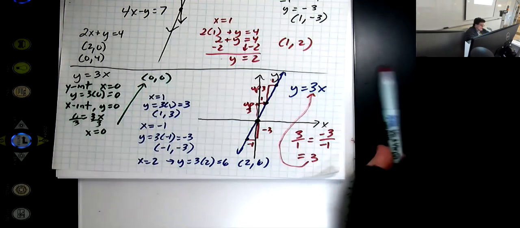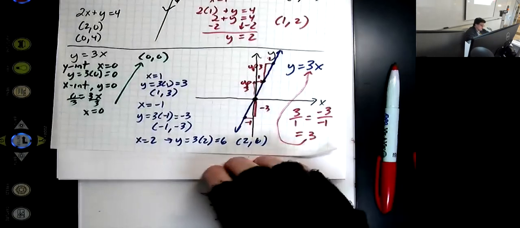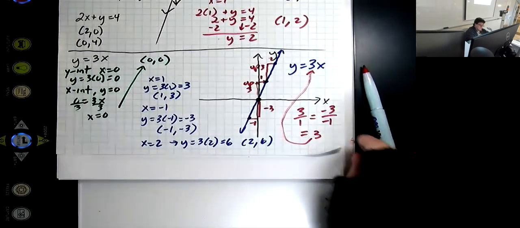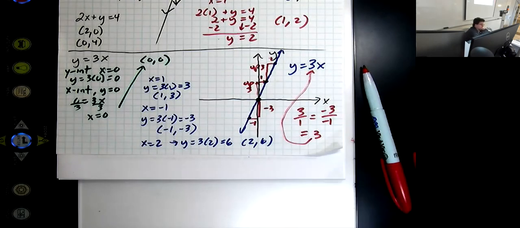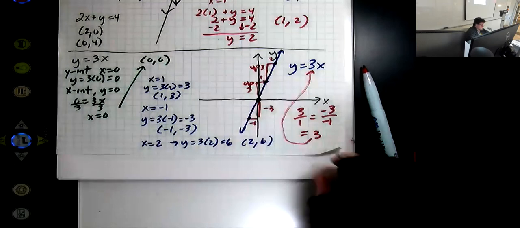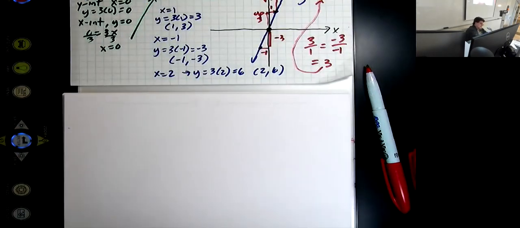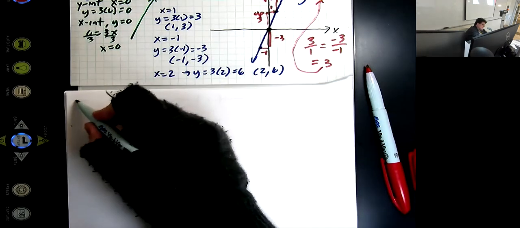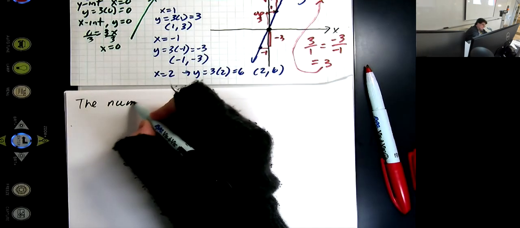So that number there, that 3, has a name. The number in front of x has a name.